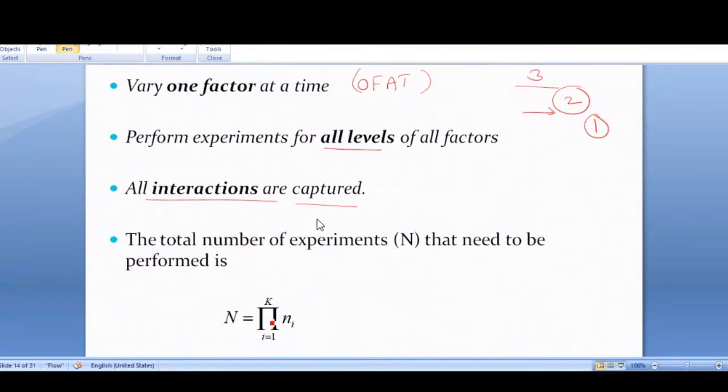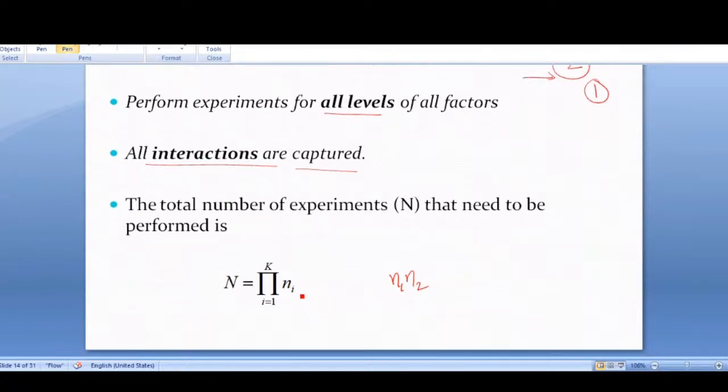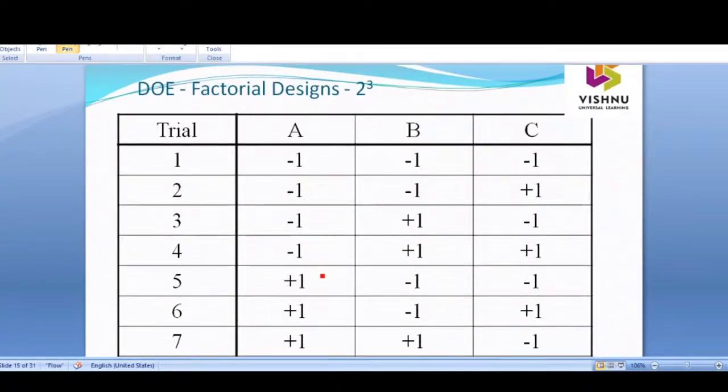This is the formula that can be used: N is equal to the product of Ni. So that means if there are two factors, N1 into N2. By using this formula, you can find the total number of experiments that can be designed.